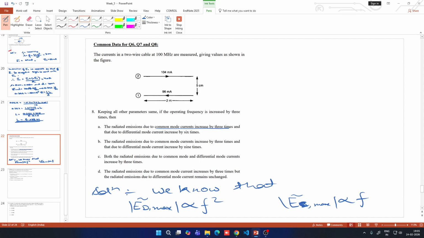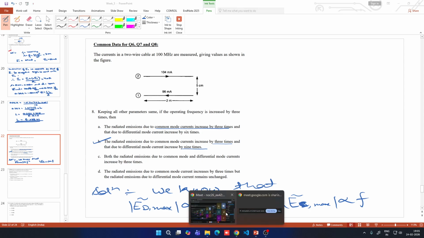It will increase by 3 square, means 9 times. So the correct option, if we see, is option B. The radiated emission due to the common mode current increases by 3 times, and the radiated emission due to differential mode current increases by 9 times. So the correct option here is B.